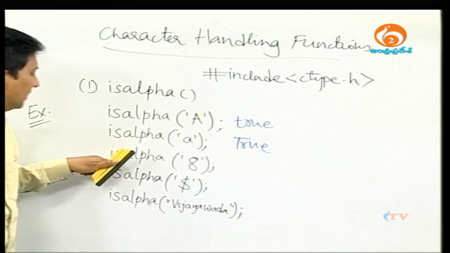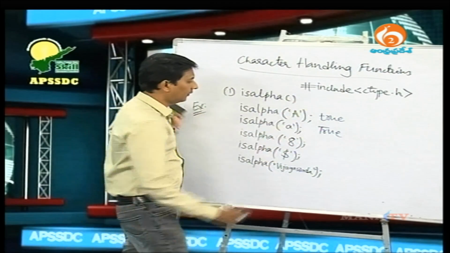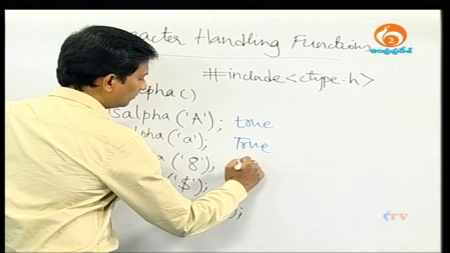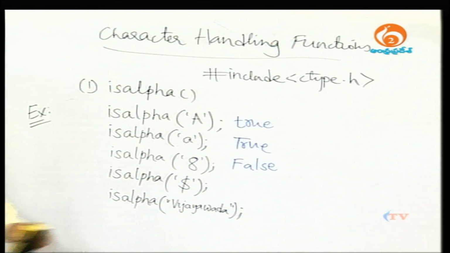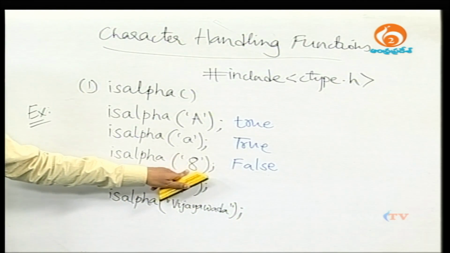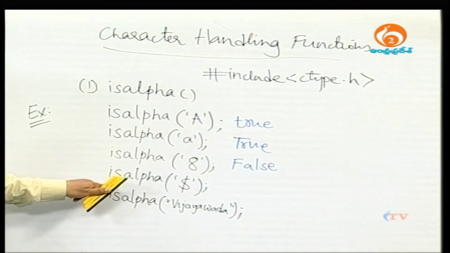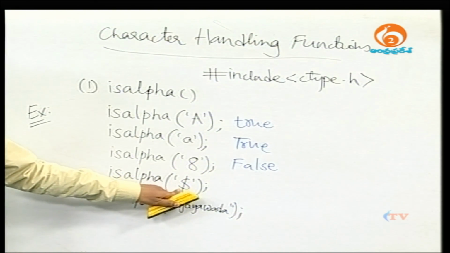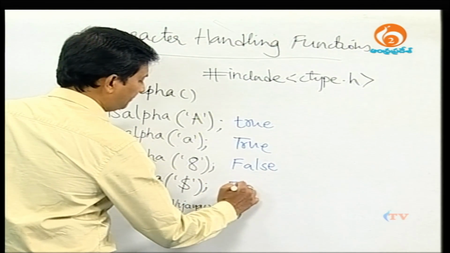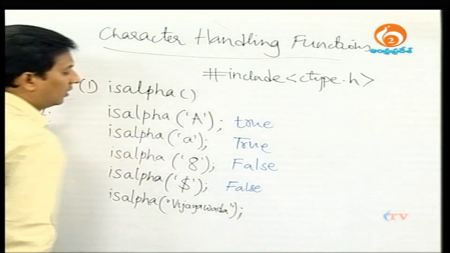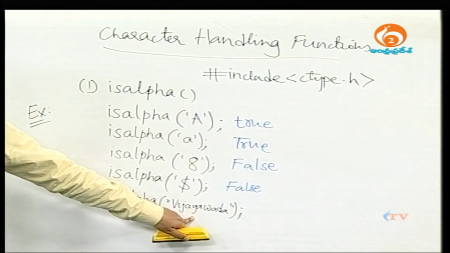Next, isalpha of '8' gives false, because 8 is not an alphabet. Next, isalpha of the dollar symbol also returns false.